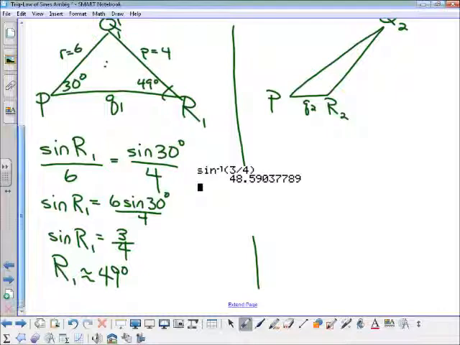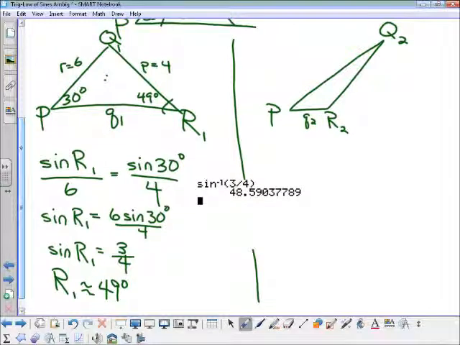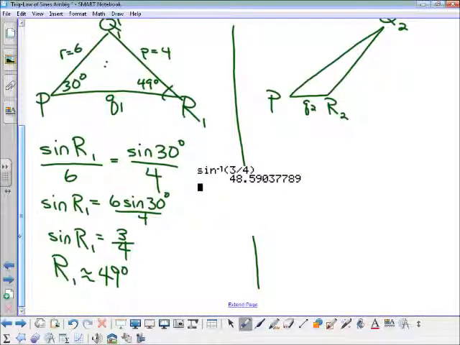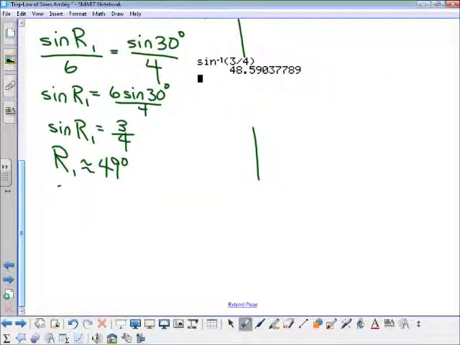Q1 is easy now because the sum of three angles in a triangle has to equal 180. So Q1, it's still approximately, because I'm going to go 180 minus the sum of the other two angles. But remember, I estimated this one to be 49 degrees, so it's better to use the approximate.